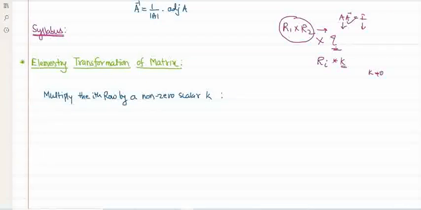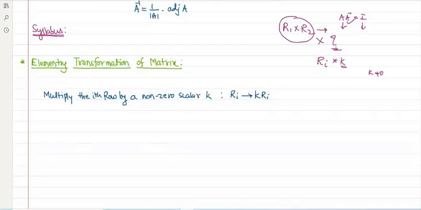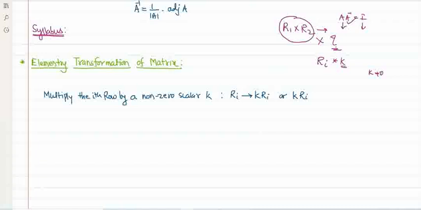That can be denoted as Ri arrow k into Ri. That means you are changing the ith row to k into Ri, where k is not equal to 0. Correct.